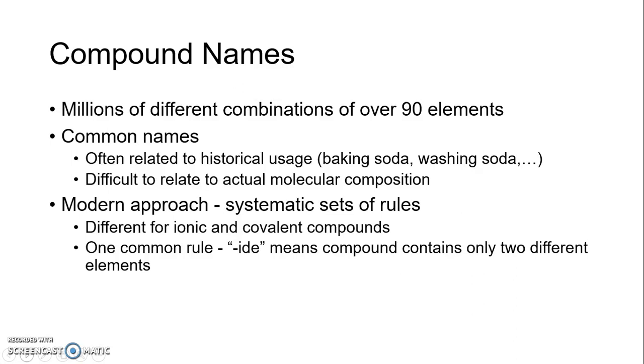The problem with common names is that it's difficult to actually know what those compounds are made of. So we have a more modern approach, which uses a systematic set of rules.